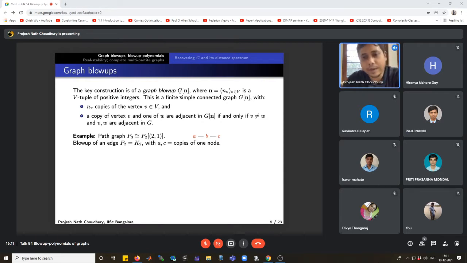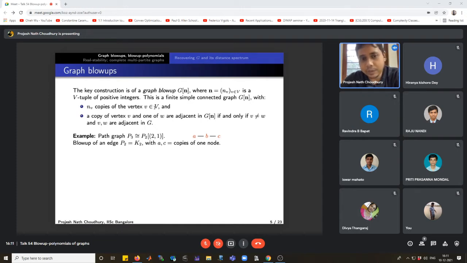This is again a finite simple connected graph, and the nodes are given as follows. For each vertex, take as many copies of that vertex as the integer I have chosen, and all the copies of a vertex are joined to all the copies of another vertex if the original vertices are adjacent in the original graph.